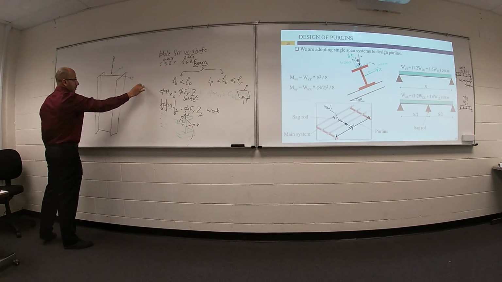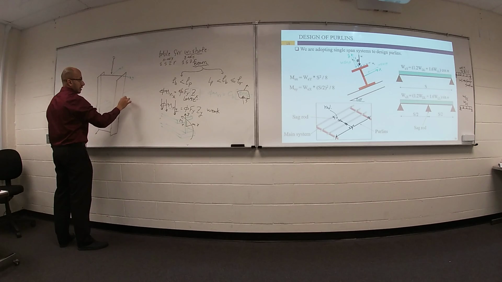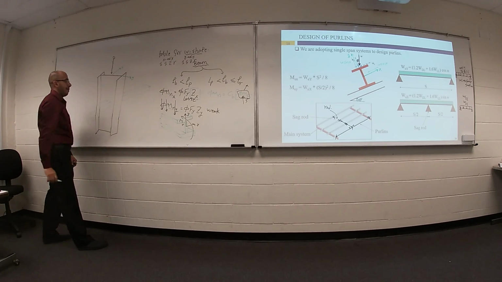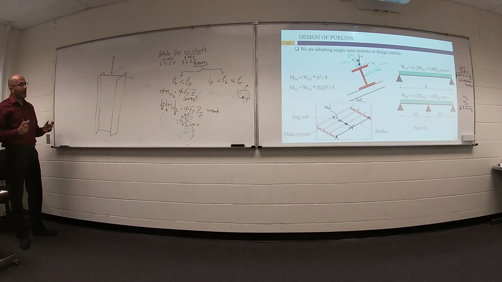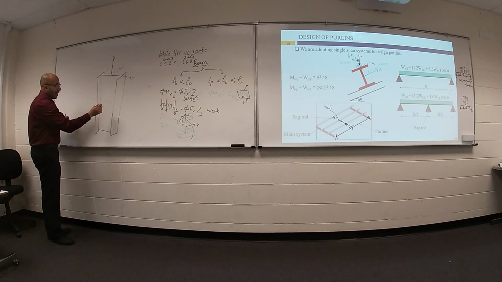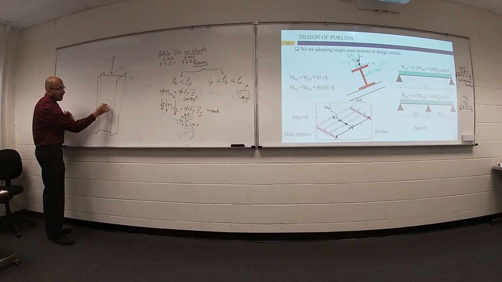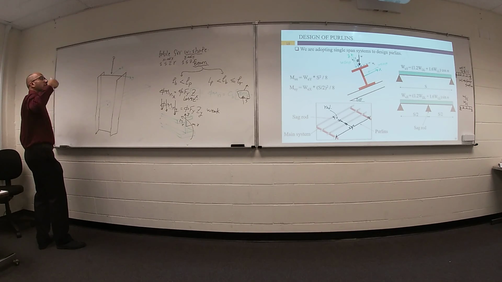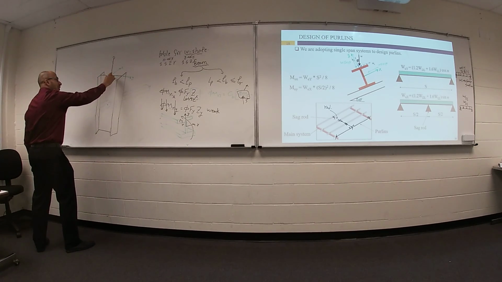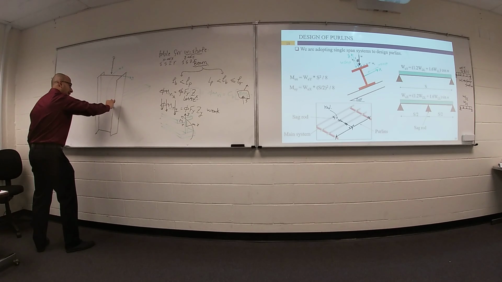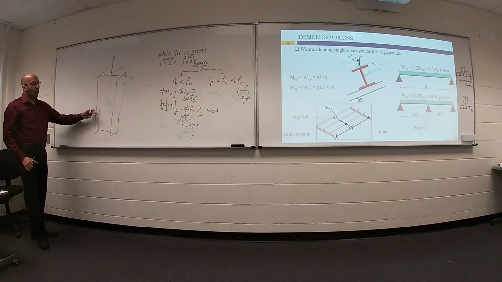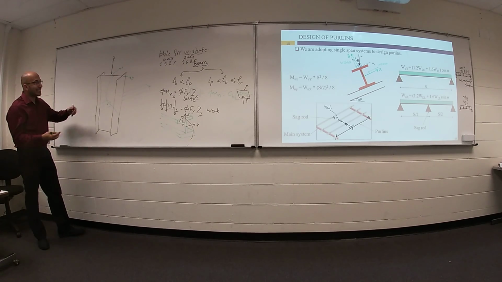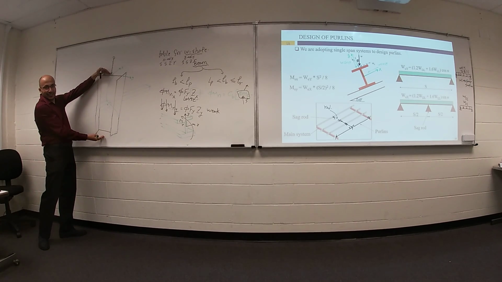And this beam will continue on the other side, like this. So your beam makes confinement for your column at this location. So if your column would like to buckle in the same direction, it will buckle like this. Do you agree? So I made my column stronger by reducing the free length.